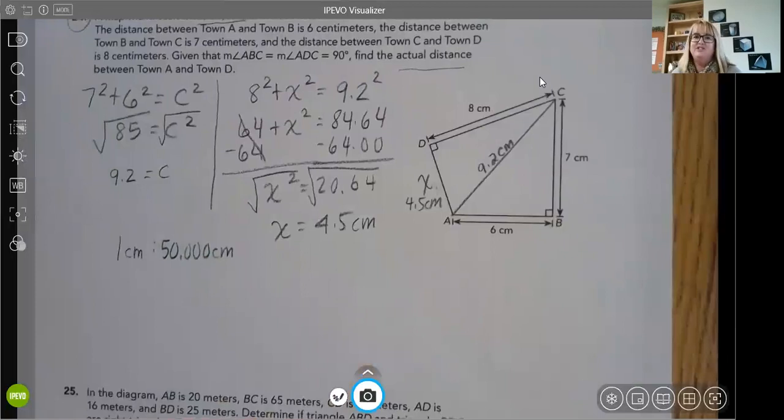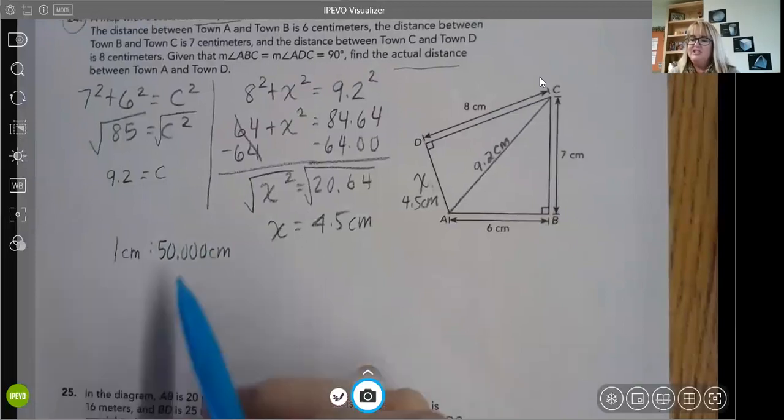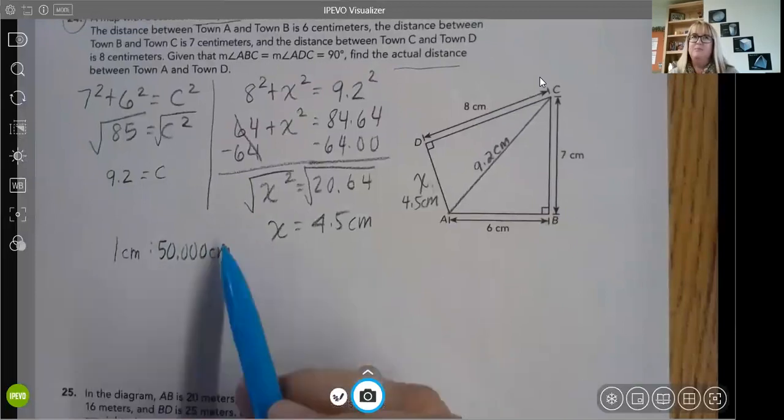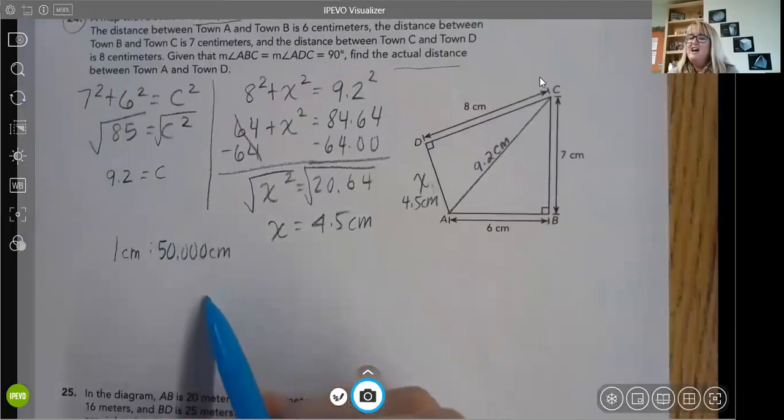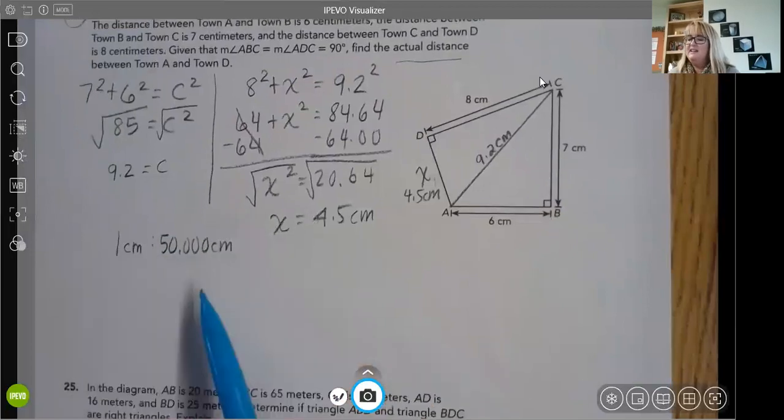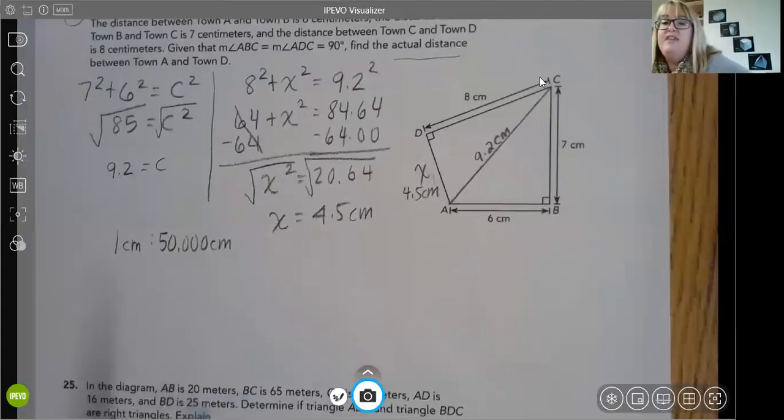We don't measure distance between towns in centimeters. So I need to change this to something that is not so ridiculous. I could multiply 50,000 centimeters times that, and that will tell me how many centimeters to the town, but that's ridiculous.